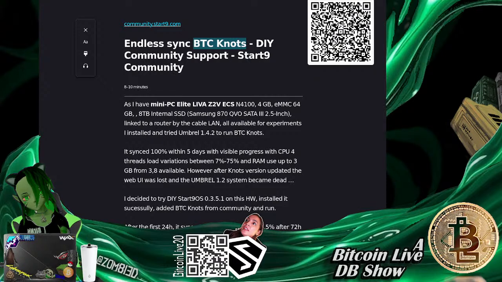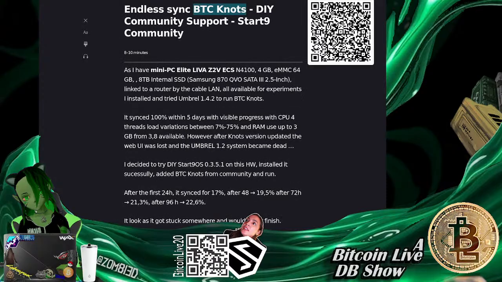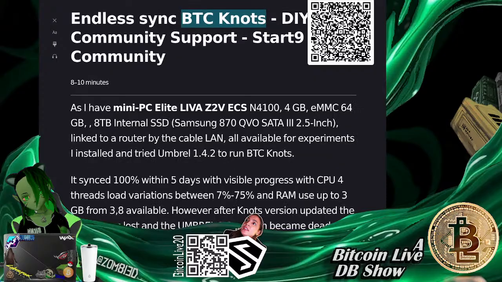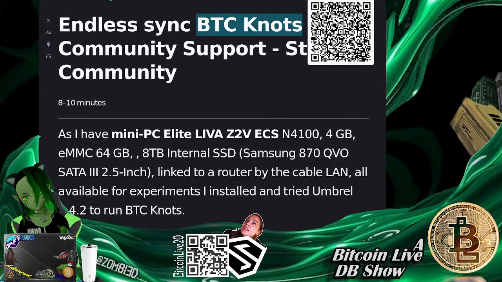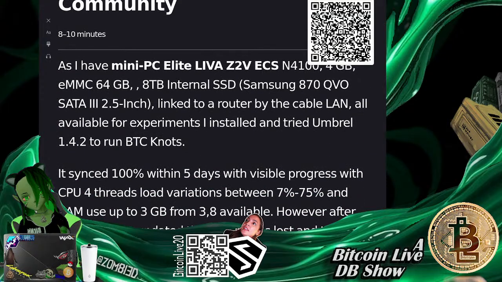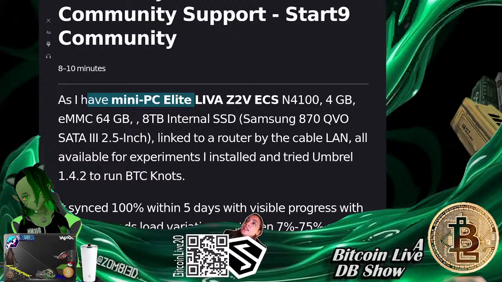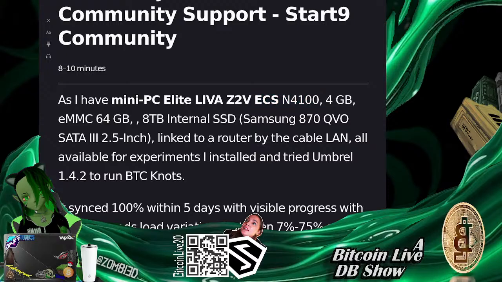So, as you can see, let's review what this person actually says, because I think this is like that telltale sign thing. Okay, so they say they have a mini PC Elite. It's pretty good, it's not bad.